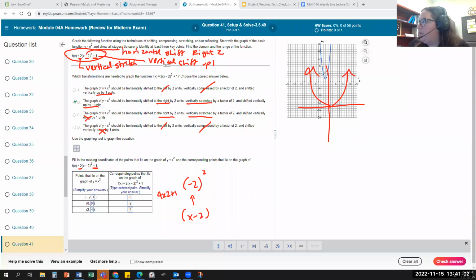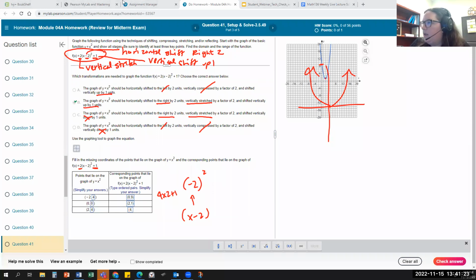And you can see the point (0, 9) on this graph. Then 0 multiplied by 2 is still 0, add 1, it's the point (2, 1). And you can see that also on the graph here.